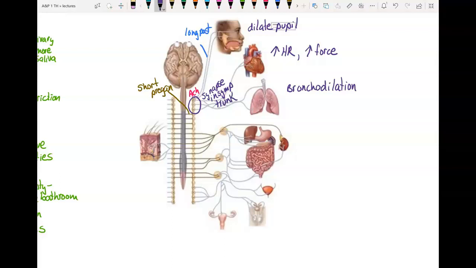This next set of nerves pass through the sympathetic trunk, but they don't synapse there. Instead, they synapse in a prevertebral ganglia. These nerves that synapse in a prevertebral ganglia are called splanchnic nerves.